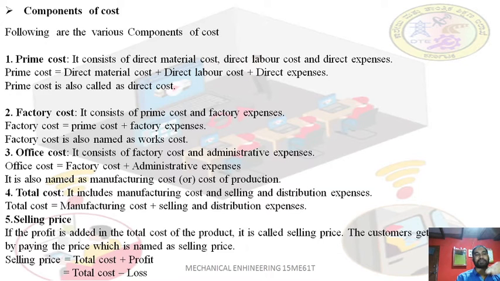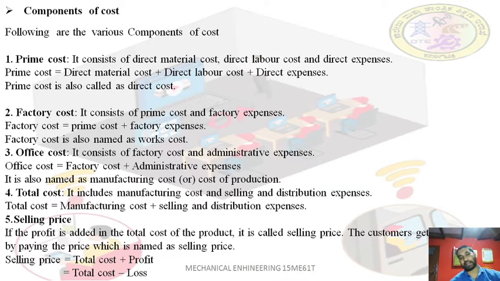Next is total cost. This office cost is also known as manufacturing cost or cost of production. You must note that in the examination or in the problems they may ask for manufacturing cost or cost of production. That means it is nothing but office cost. The total cost is the addition of office cost, or manufacturing cost, plus selling and distribution expenses.